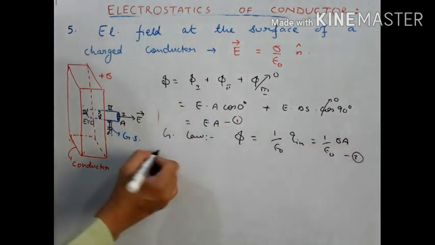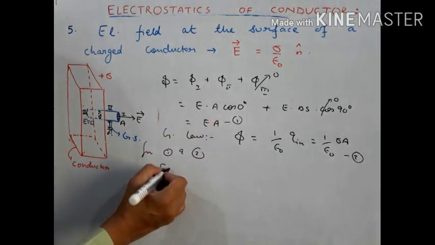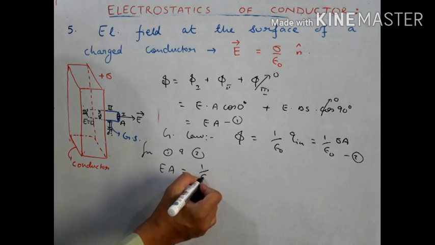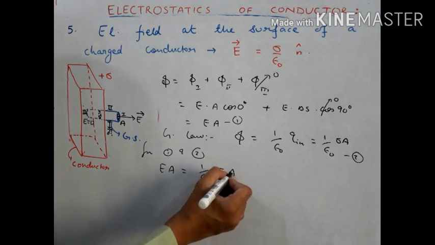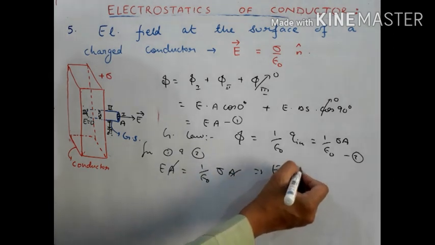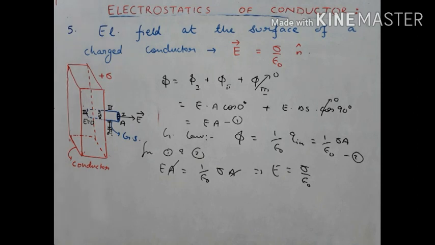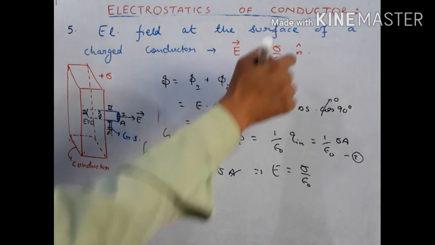From 1 and 2 we will get the expression. E times A must be equal to 1 by epsilon naught times sigma times A. So A will cancel and therefore our electric field will be how much? Sigma upon epsilon naught. And we have already discussed, students, that the direction of this electric field is where? Along the outward normal.